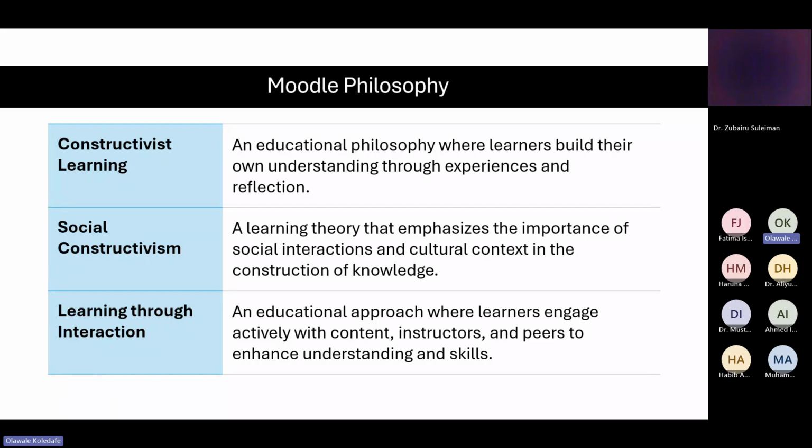One of the proponents of this is Vygotsky, I think in 1975. He explained the importance of what we call MKO, the more knowledgeable others, helping you to learn. Someone that knows it more than you within your community can really be the scaffold you need to go from what you know to what you are supposed to know.